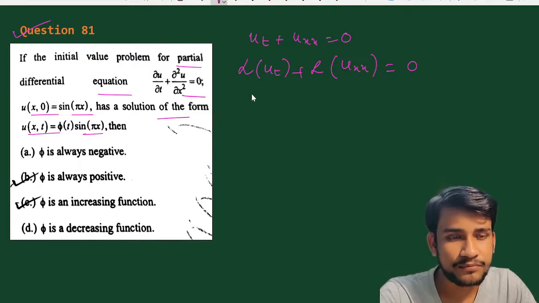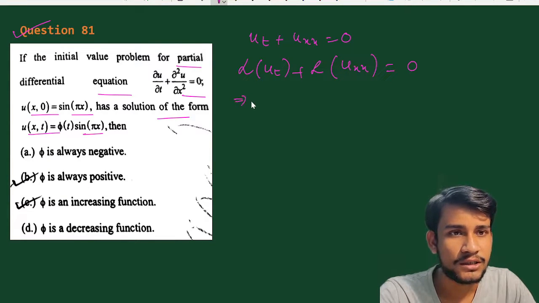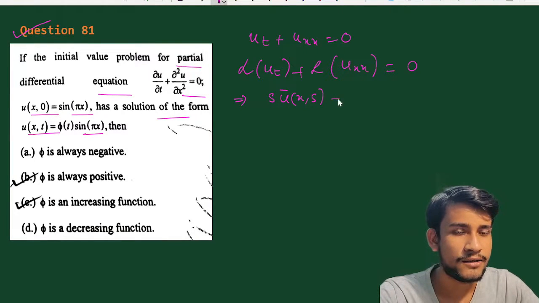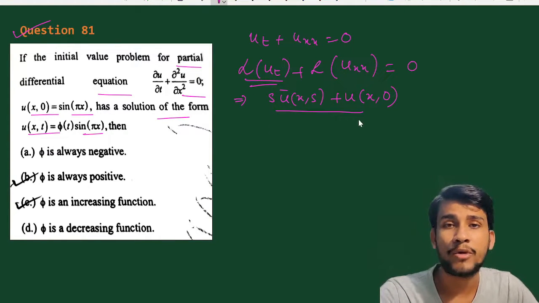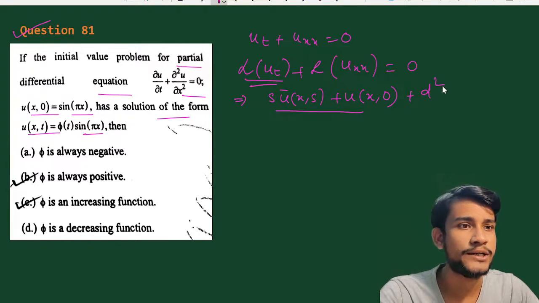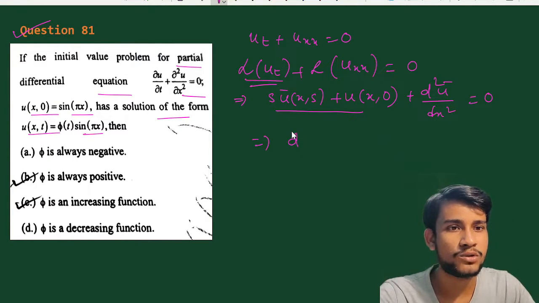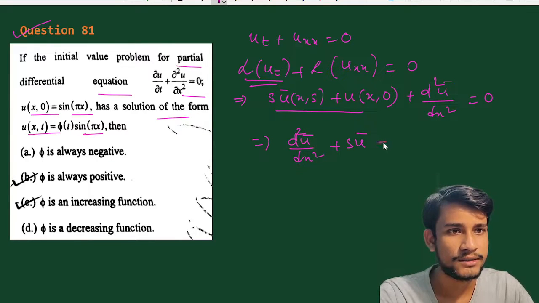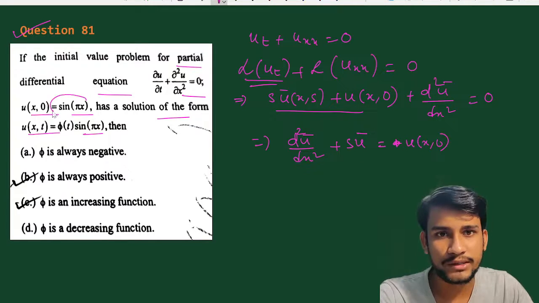This means s u bar, where u bar is a function of x and s, minus u(x,0), as we have already discussed in an earlier video on Laplace transform, plus d2 u bar dx square equal to 0. So this implies d2 u bar dx square plus s u bar equal to u(x,0), and the value of u(x,0) is sin of pi x.